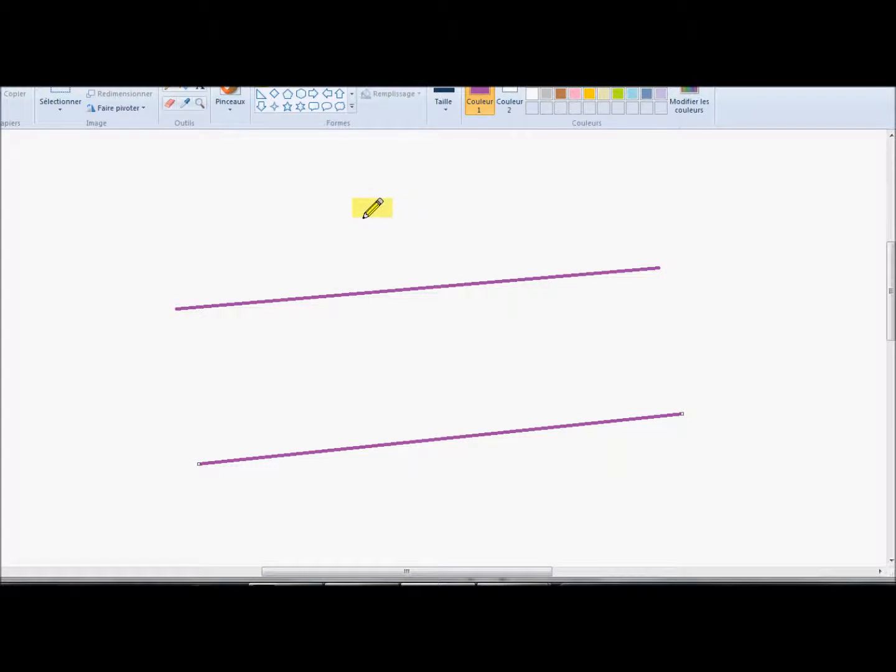It will be here, and my function will have this form. It will be positive here, 0 here, negative, and positive. So I represent the function like this.